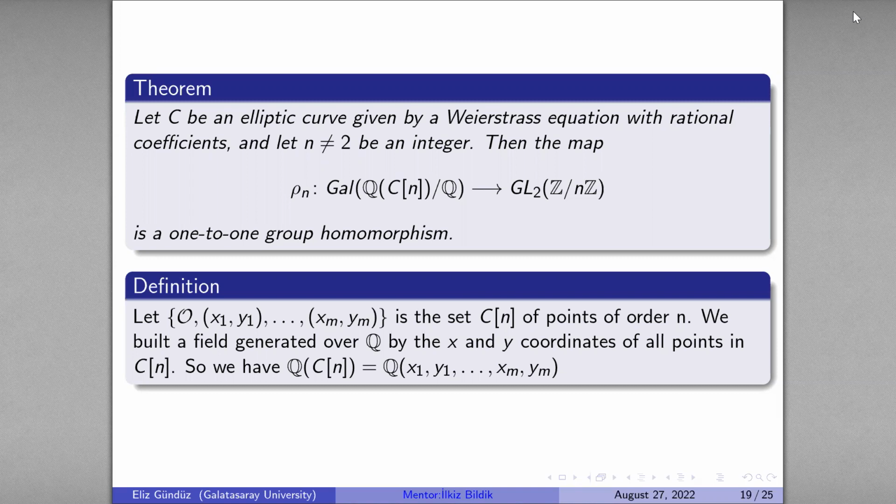We know Cn is the points of order n, and we can write the elements of Cn like this. And we just build a field generated over the rational numbers by the x and y coordinates. We take all of this and take the extension field of Q, and this will, of course, be a finite extension.